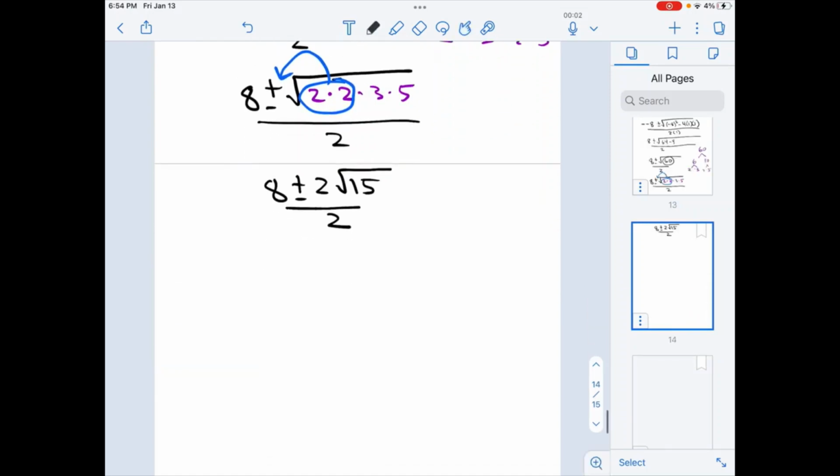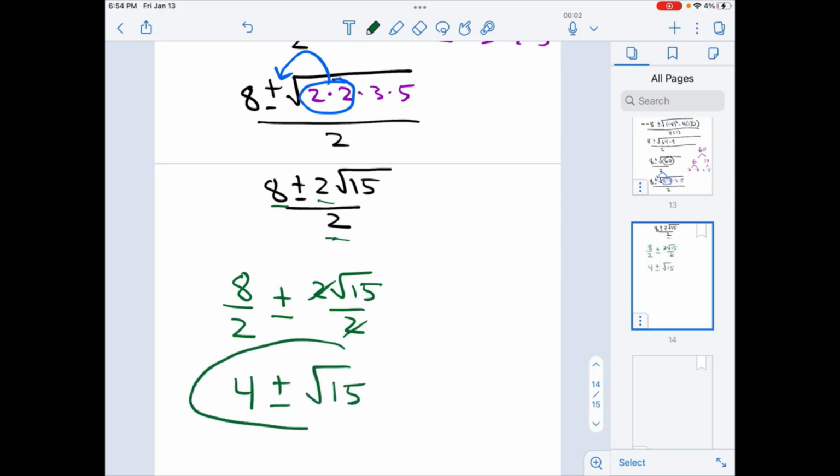There's one little bit of simplification we can do. 8 and 2 are both divisible by 2. 2 and 2 are divisible by 2. So this is the same thing as 8 over 2 plus or minus 2 square roots of 15 over 2. And that simplifies 8 over 2 as 4, and these 2's cancel out. And so that is your final answer in the simplest form.